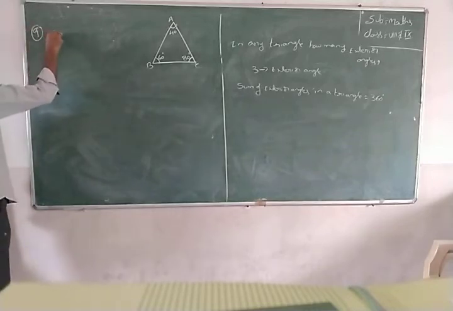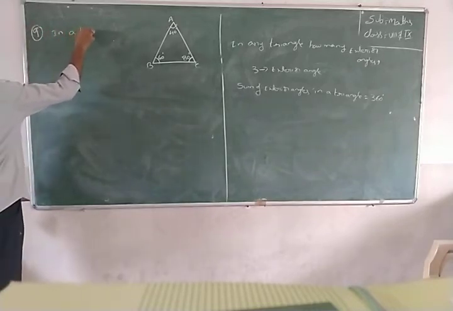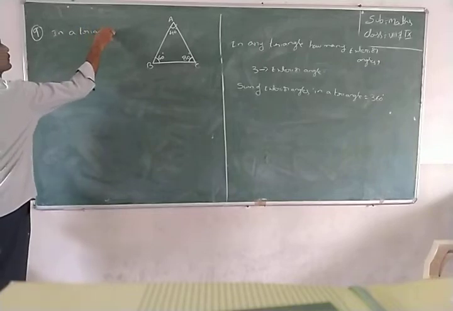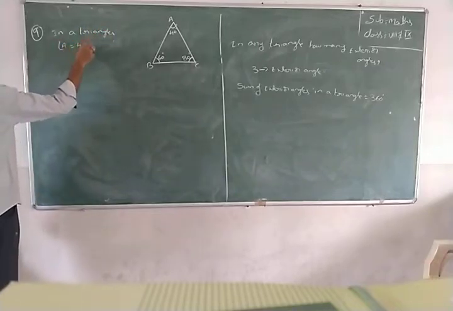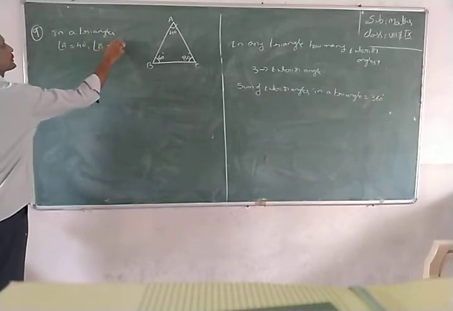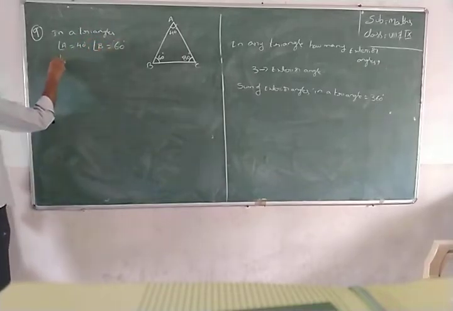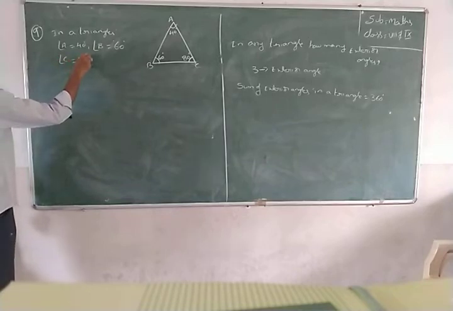In a triangle, angle A equal to 40 degrees, angle B equal to 60 degrees, angle C equal to 80 degrees.